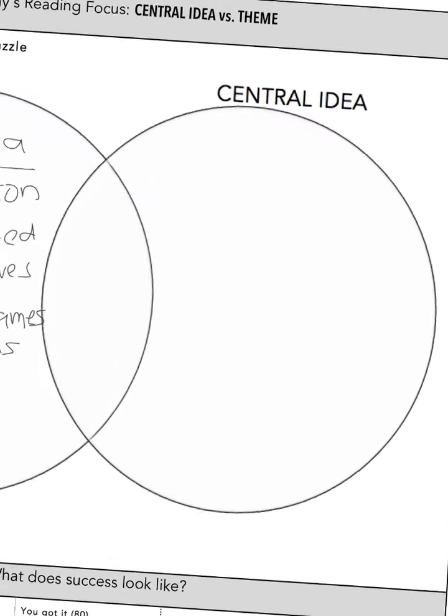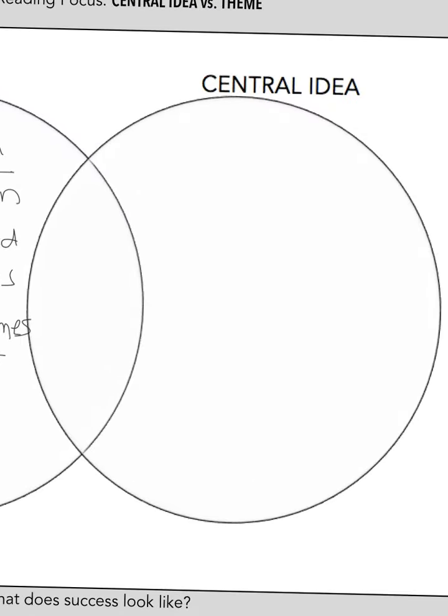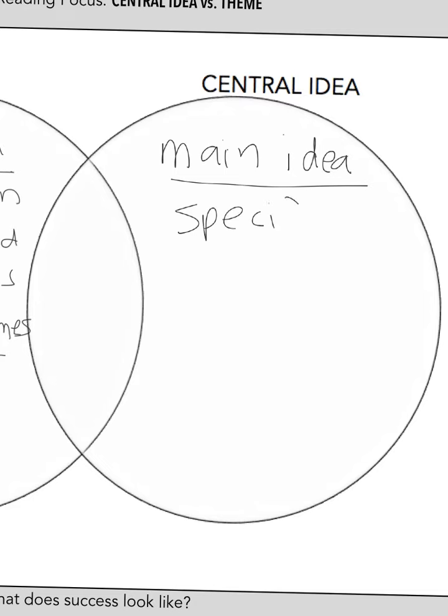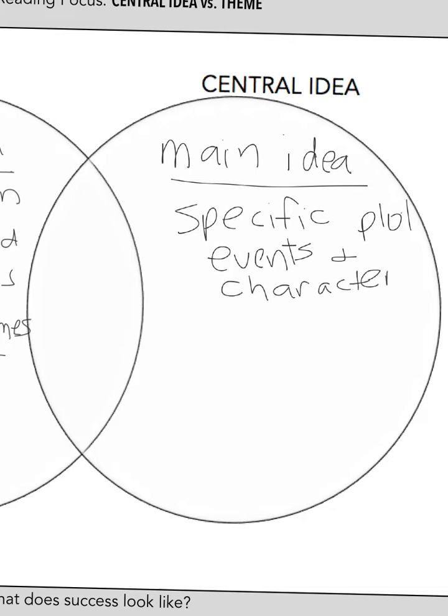Then when we come over here to central idea, our central idea is the main idea. It's going to have specific plot events and character names. And it only applies to the text.